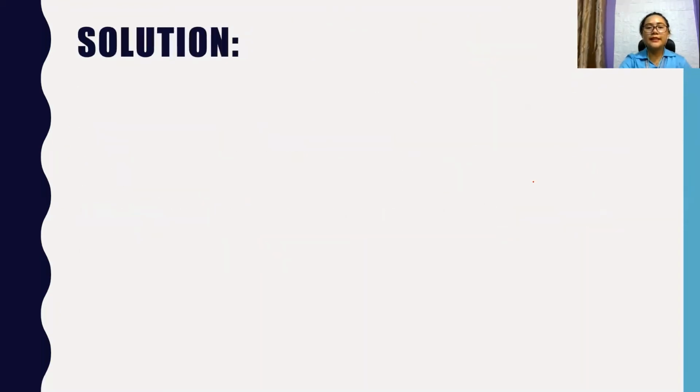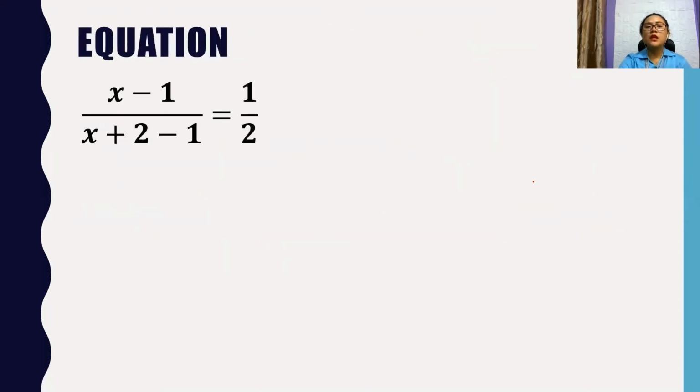So ang gagawin natin ay, okay, so we have yung x as numerator, yung x plus 2 as denominator, subtracted with 1, both numerator and denominator. Kaya siya may minus 1, minus 1. So, minus 1 sa numerator, minus 1 sa denominator. That means you subtracted 1 from both the numerator and the denominator.